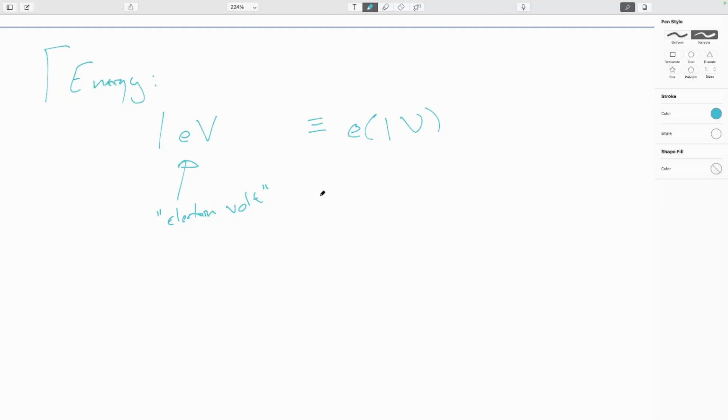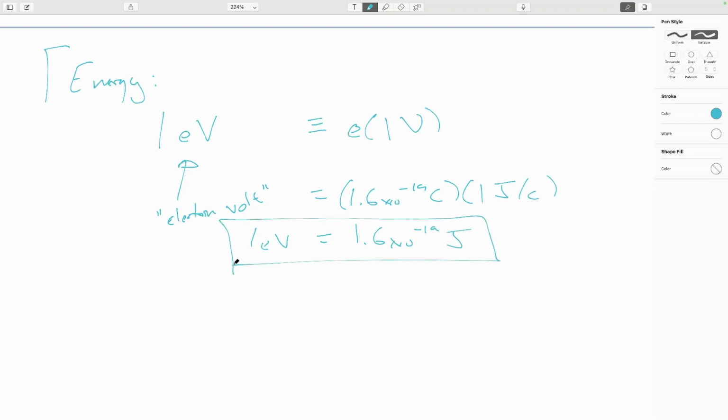Okay, what does that get you? Well, it turns out it's a compact way of writing energy. The fundamental quantum charge is 1.6 times 10 to the negative 19 coulombs. And remember that a volt is a joule per coulomb. So this is a way of writing in units of 1.6 times 10 to the negative 19 joules.